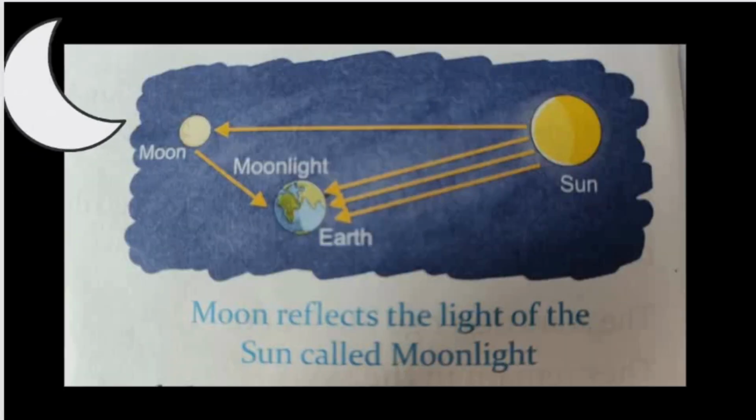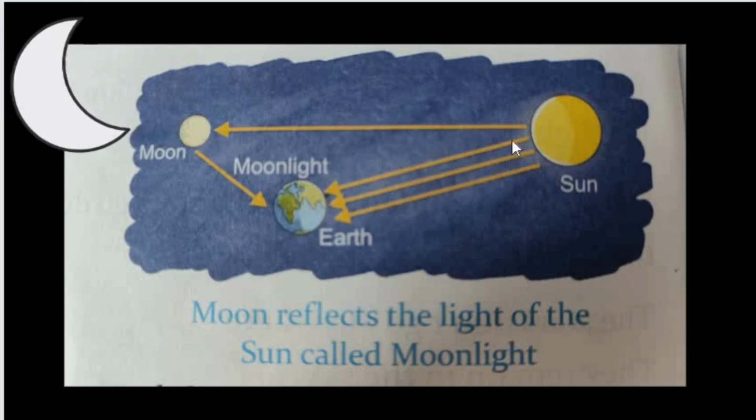See here, the moon does not have the light. This is the earth, this is the sun, and this is the moon. Moon does not have the light, and moon is revolving around the earth. But how does the moon get light? The moon reflects this sunlight, and this reflection of the light of the sun is called the moonlight.